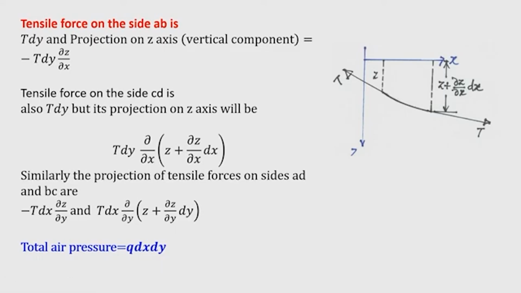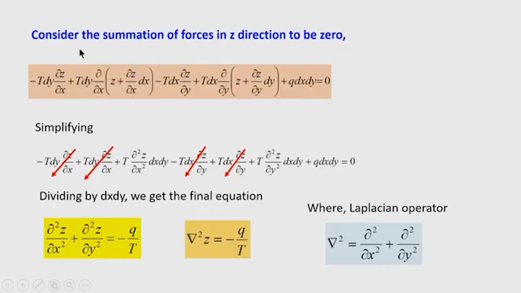So on the small element dx dy, the total air pressure will be q into dx into dy. If we get the total air pressure and this is the component of the tension in the vertical direction, then we can form an equilibrium equation in the z direction. So consider the summation of forces in the z direction to be 0.